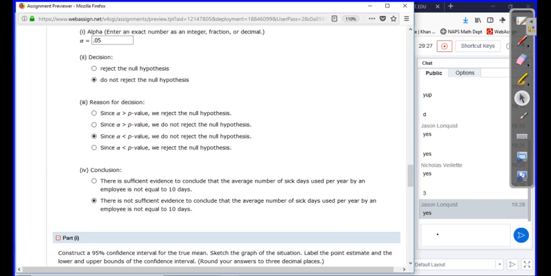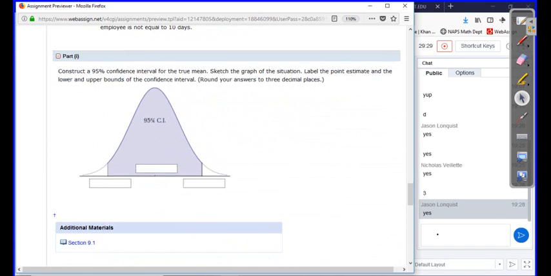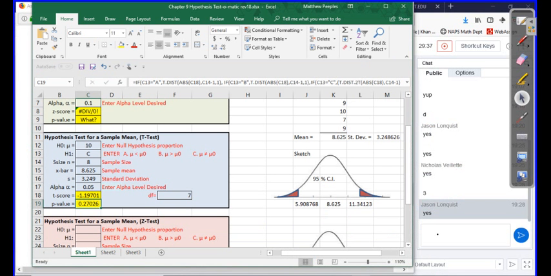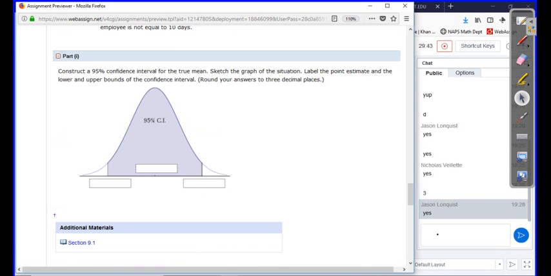All right, finally, we're going to build our 95% confidence level, or confidence interval. So going back to my hypothesis Test-o-matic, our interval was built around our sample mean of 8.625. So we're going to put in 8.625 as our sample mean.